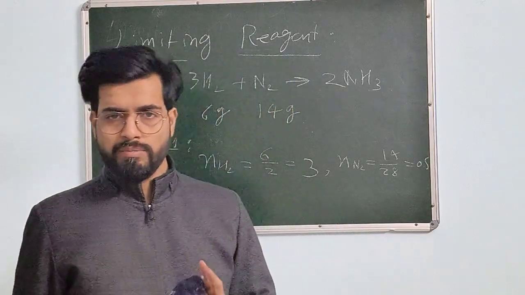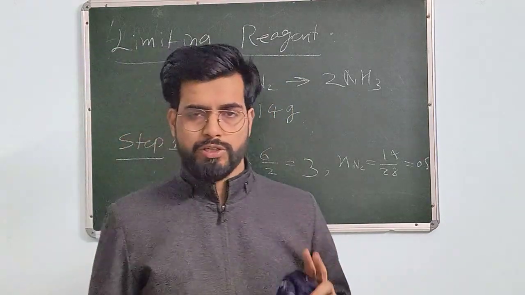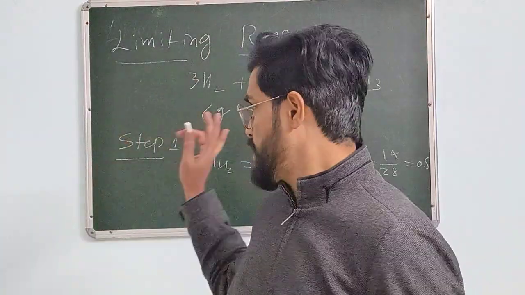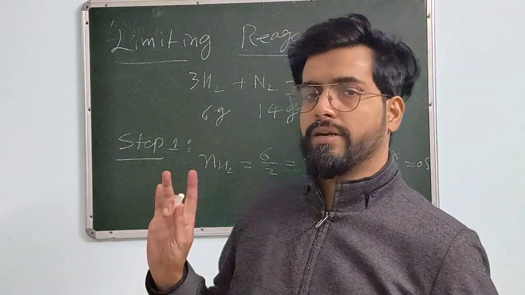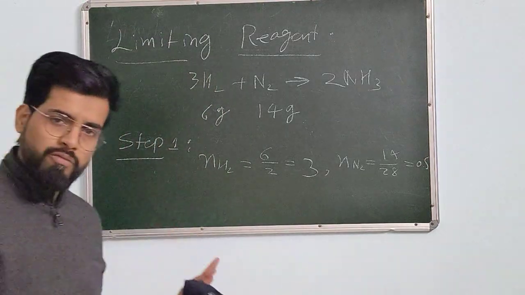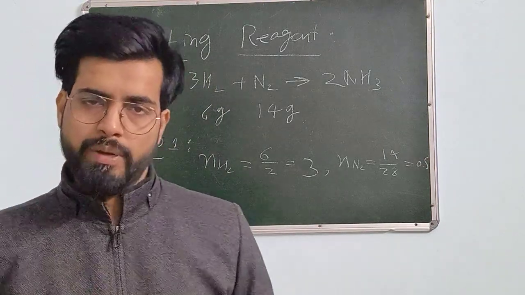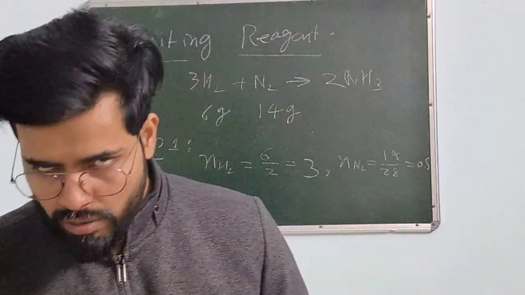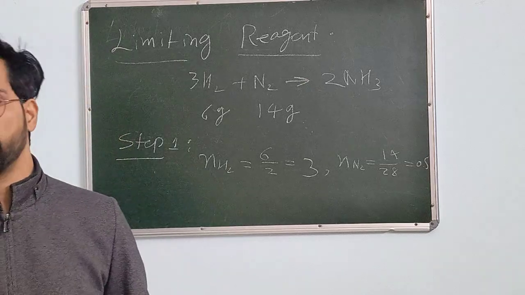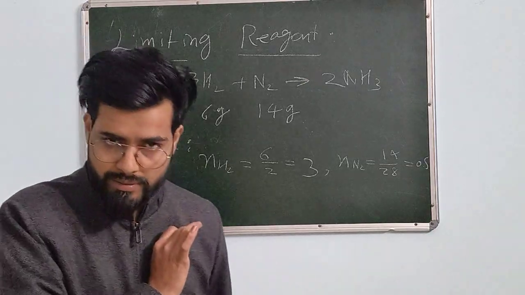If the mole is given directly in a question, then there is no need to calculate the mole. Step 1 is already completed. Whatever is given to you, convert into mole. It may be amount, weight, or volume. If the mole is given, no need for the step 1 process.